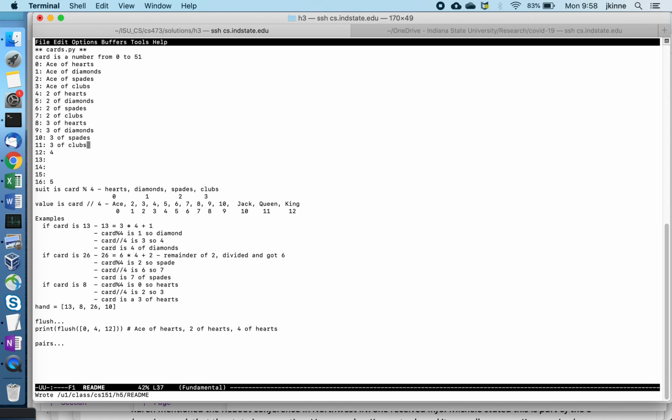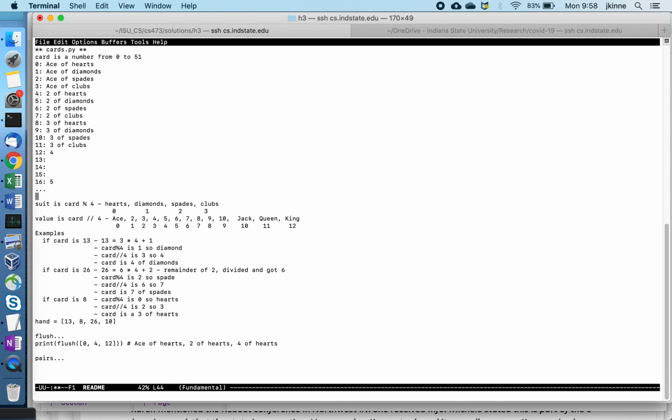There's 52, and I'm just going to store a number from 0 to 51. And the last number, if I'm laying things out like this, would be a king of clubs.